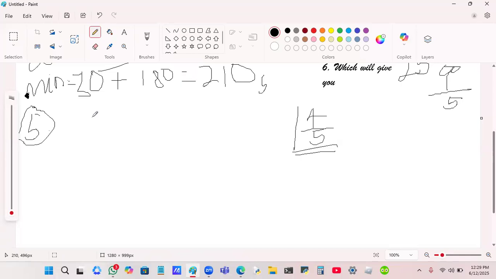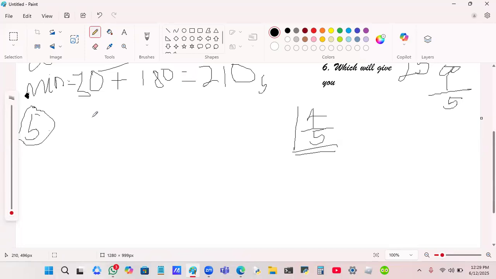Then 2 times 5, 50 times 5, which is 100. Then 50 times 2, which is 100. Then 100 times 5, which is 500.